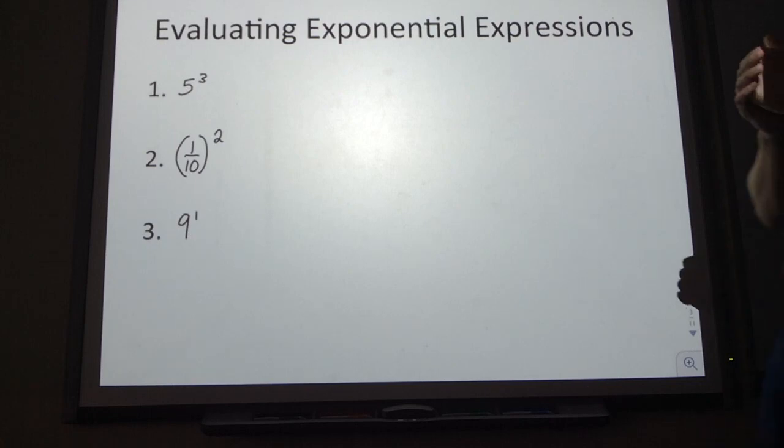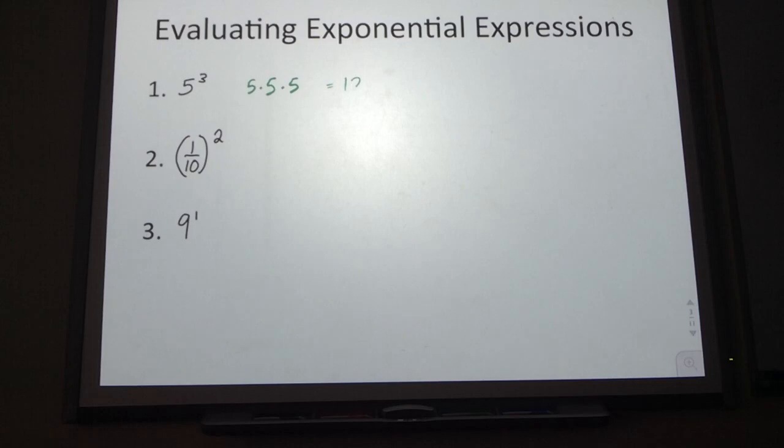These being exponential expressions. What is 5 to the third? 125. How we found that is we did 5 times 5 times 5. So 125. Okay, if you have a calculator, like the big one, it's a good thing to have and to use.